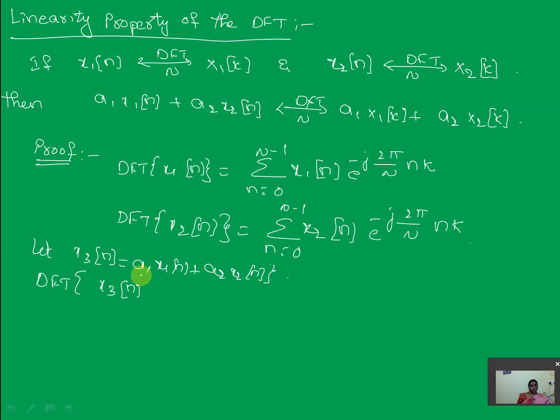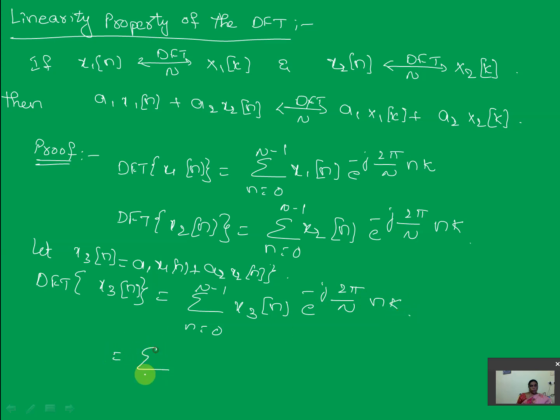For this, the DFT is the summation n equals 0 to N minus 1, x3 of n e power minus j 2 pi by N nk.